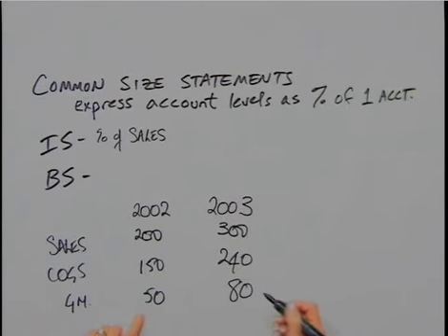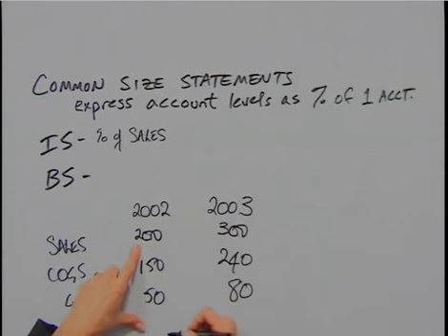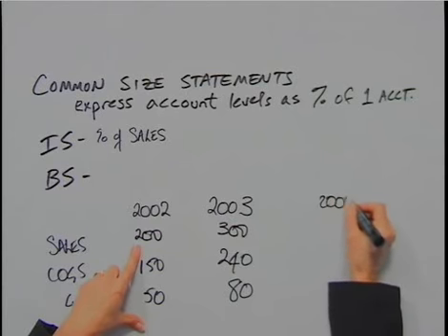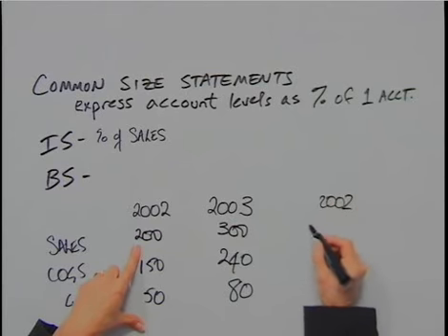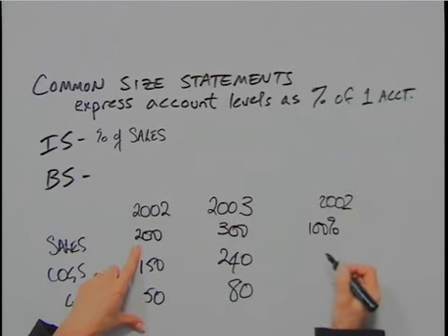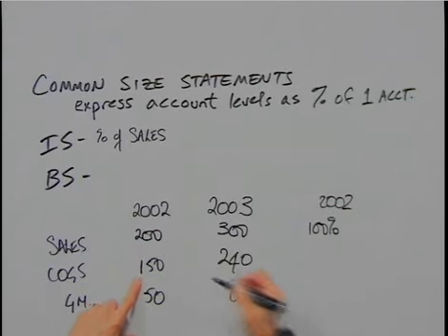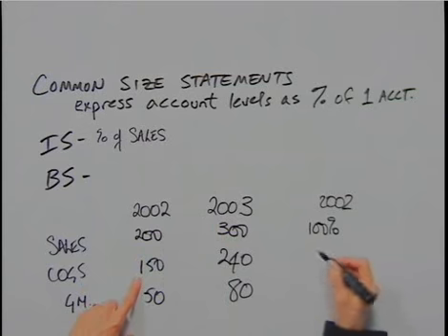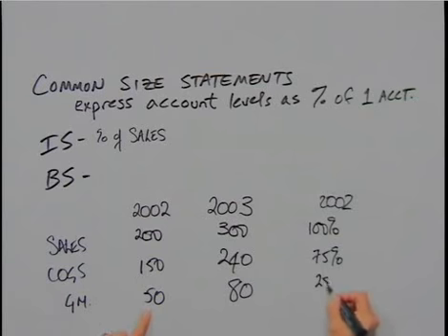All right, so what we would do here, we have sales of 200. Now we're going to express everything for the year 2002 as a percentage of sales. So for 2002, if I was preparing a common size statement, this would be 100%. 150 as a percentage of 200 is 75%, and then similarly 50 of 200 is 25%.